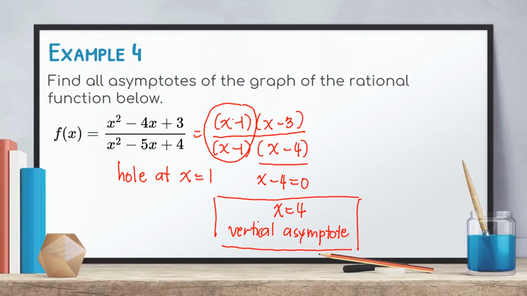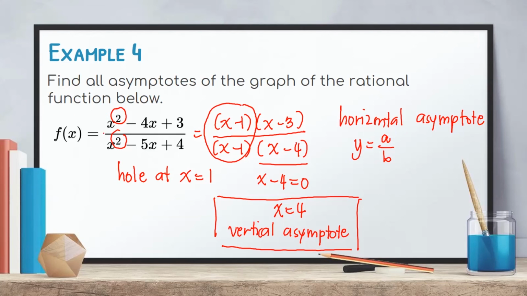Going back to the given, notice that the highest exponents of the numerator and the denominator are equal, and they are both equal to 2. Hence, the horizontal asymptote of our rational function is the line y equals a over b, wherein a is the leading coefficient of the numerator and b is the leading coefficient of the denominator.